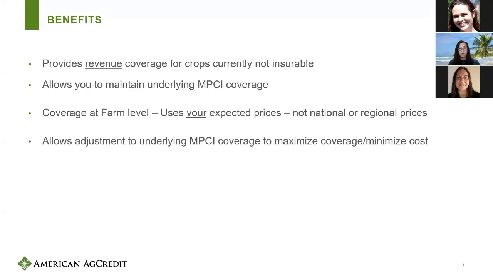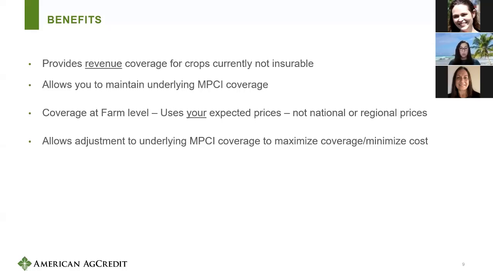It is farm level protection. So we use your expected prices, not a regional price or a national price. If you have contracts in place, that's the preferred method to calculate your expected revenue. There's a very detailed list of ways that we can come up with those expected prices.